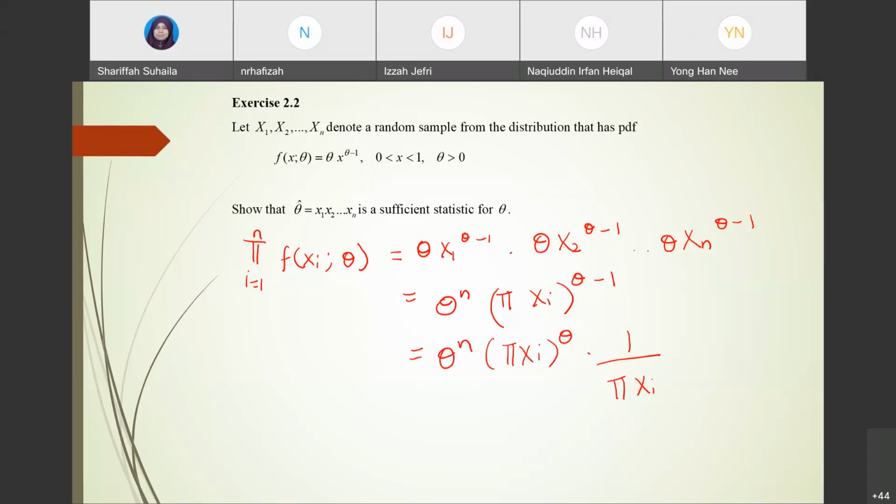Right? Okay, so now we have split it. By the factorization theorem, which one depends on theta and which one does not depend on theta. So by the factorization theorem, this is our g, say I use g(t, theta). This is our h(x).